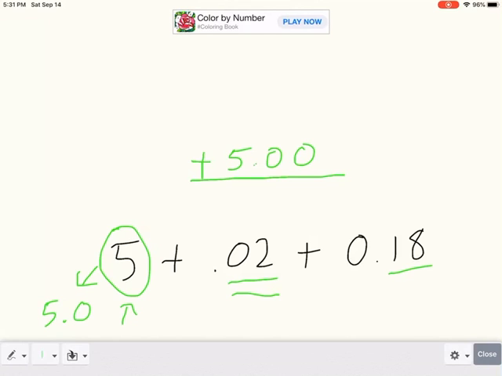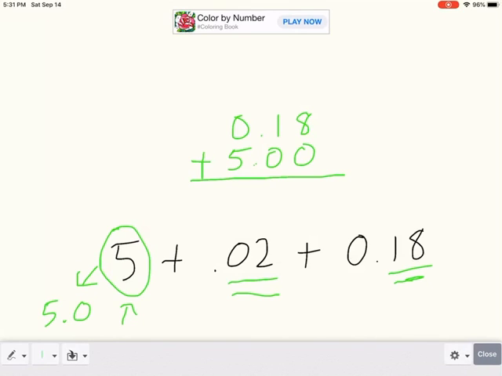5.00. Okay? And then we are going to write the next one above it, which is the 0.18 here. We're going to write our 0.18 as we write out our zeros, right?